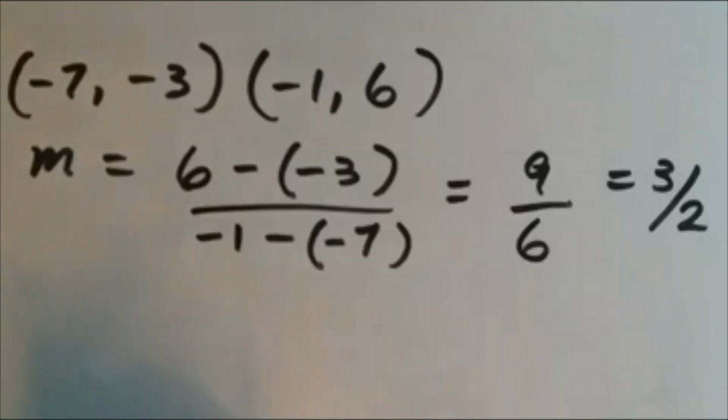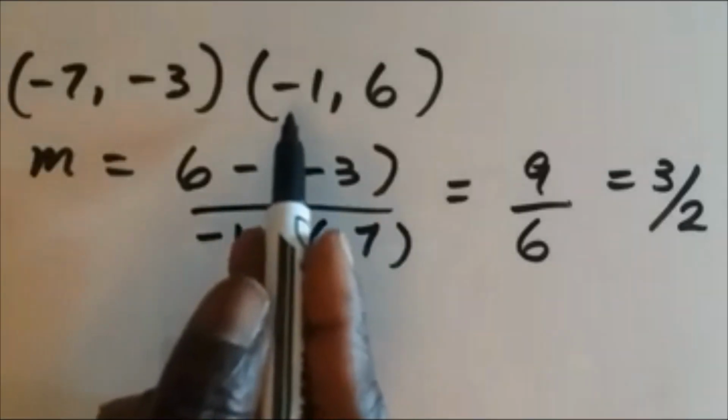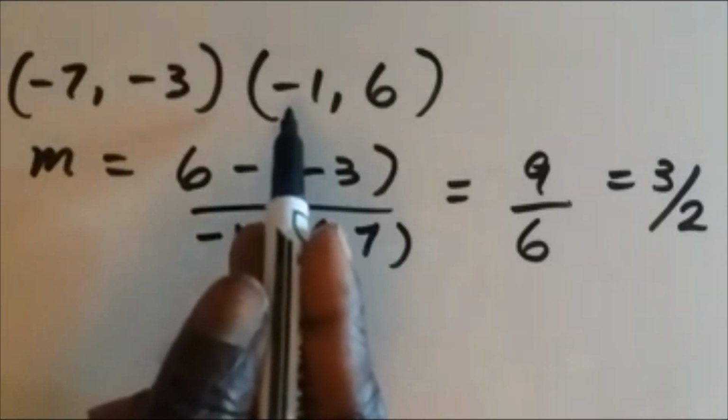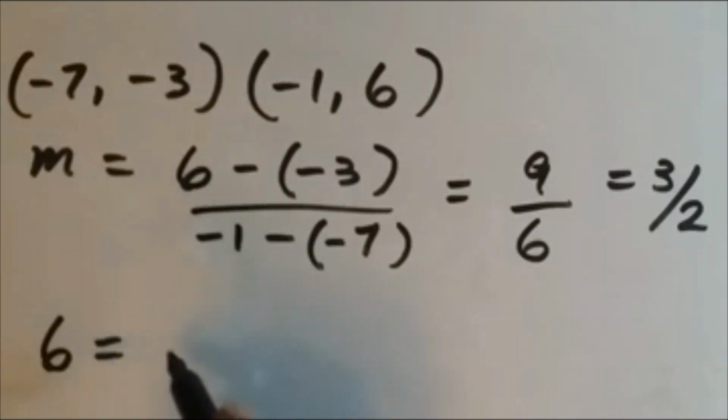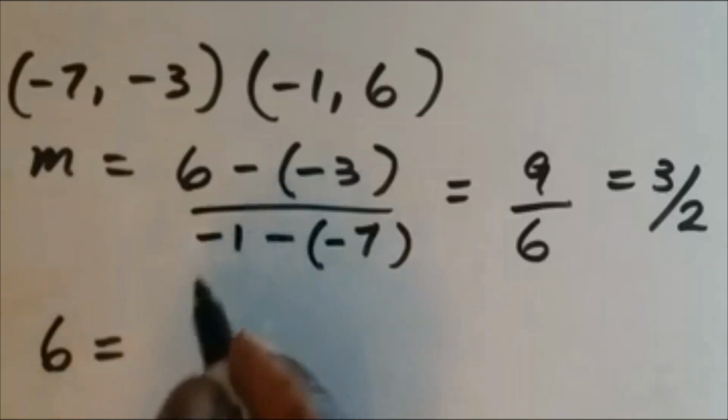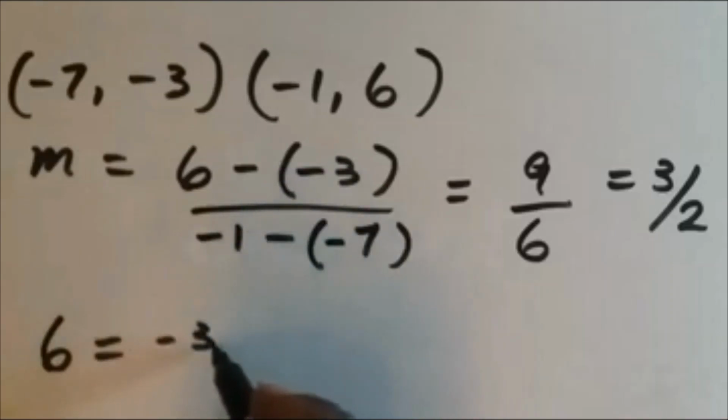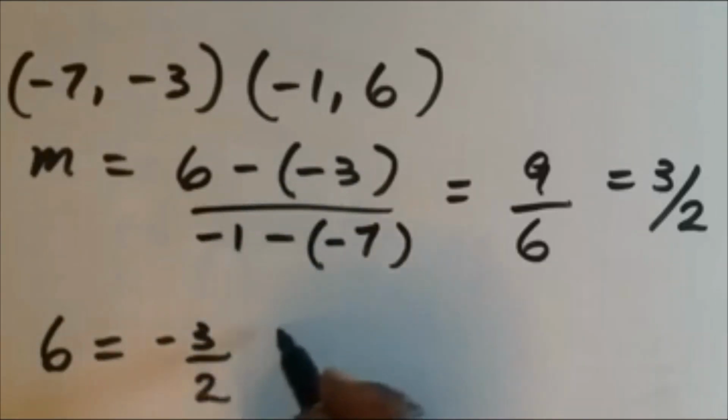And like before, we'll calculate c using y is equal to mx plus c. To calculate c, we'll use the coordinates for this point, -1, 6. So we have y, which is 6, is equal to mx. Our m is 3 over 2, and we're multiplying that by -1, so it goes minus 3 over 2, plus c.